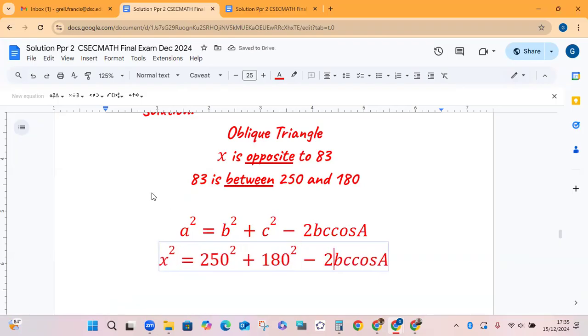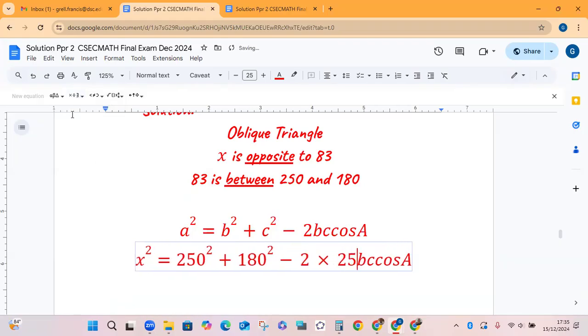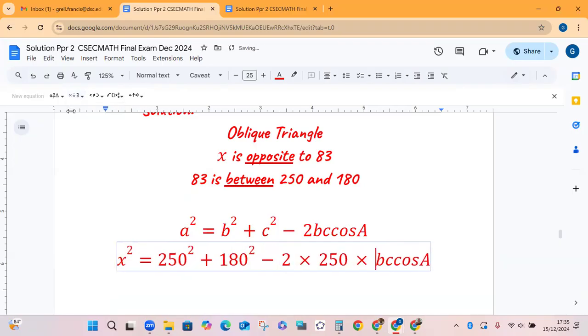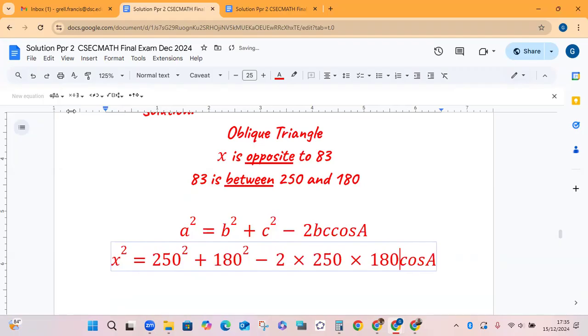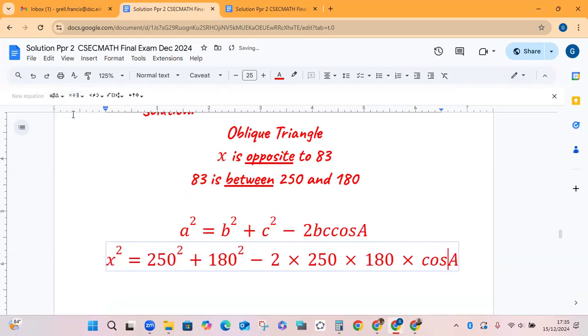So x squared equals 250 squared plus 180 squared, minus 2 times 250 times 180 times cosine of 83.